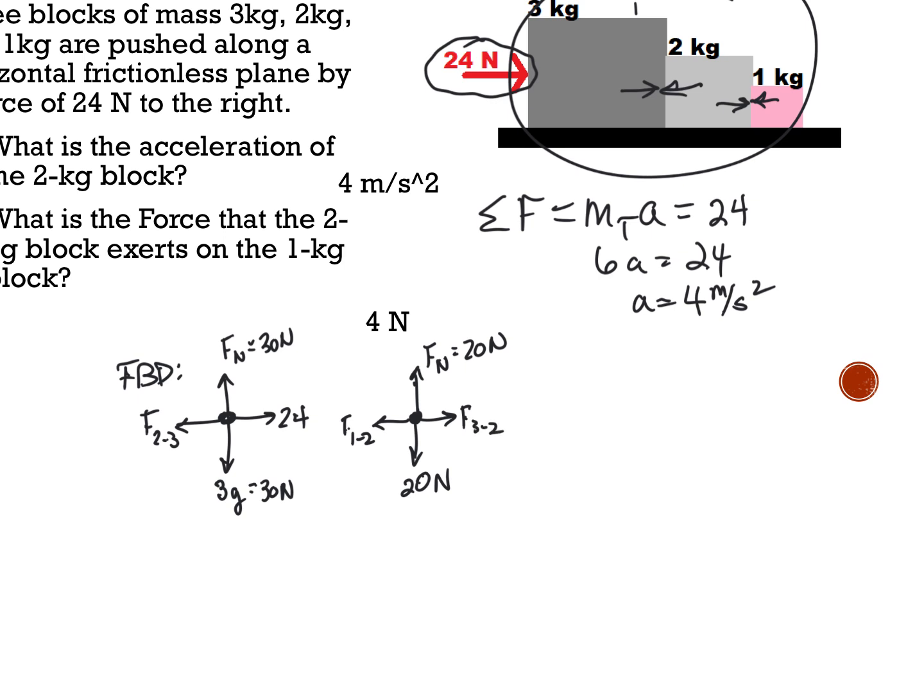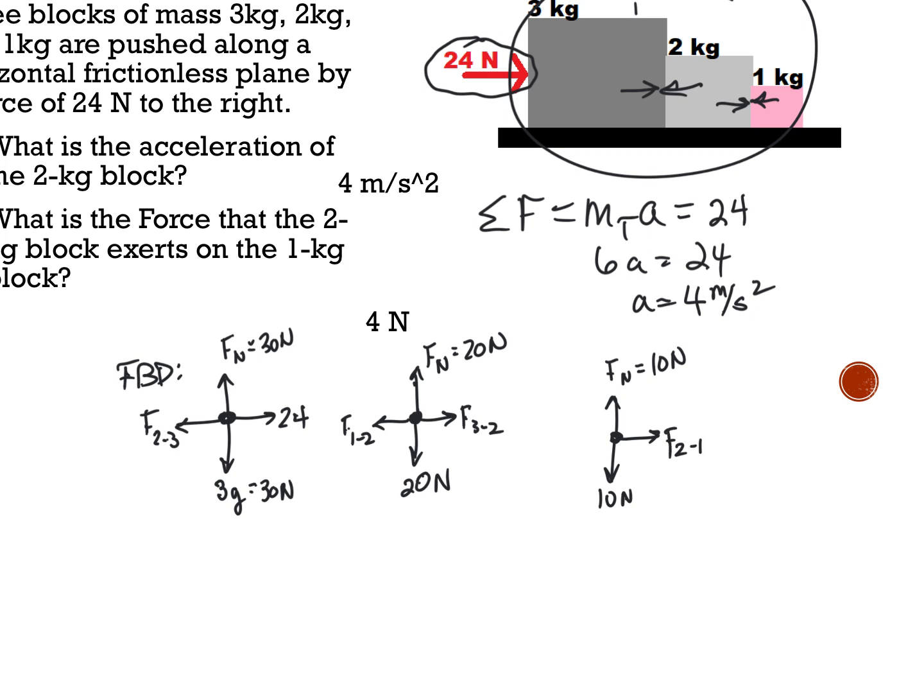The 24 only applies to the block it actually pushes. Last block, we have 1 times 10, so the force of gravity is 10 newtons this way. We have the normal force for this guy, which is 10 newtons this way. We have no force going that direction, but we do have the force of 2 onto 1 pushing this way.